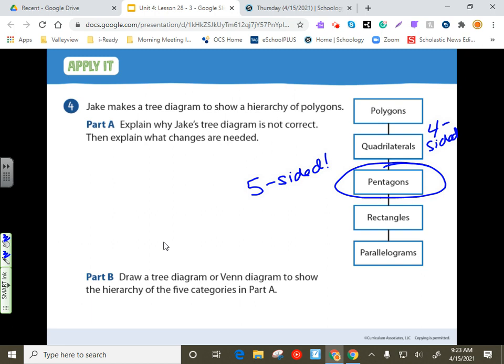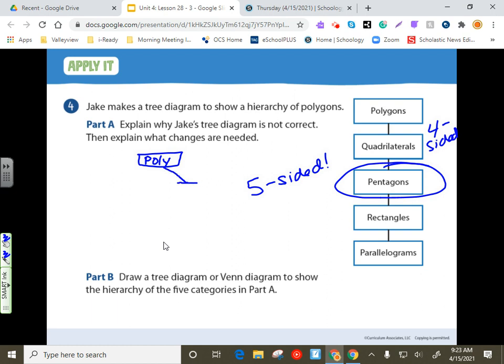Part B does not give me a lot of room here. Draw a tree diagram or Venn diagram to show the hierarchy of the 5 categories in part A. So, in fact, let me use the space up here. We'll start with polygons. Let's call it poly. And this is where we split up into 2 parts.